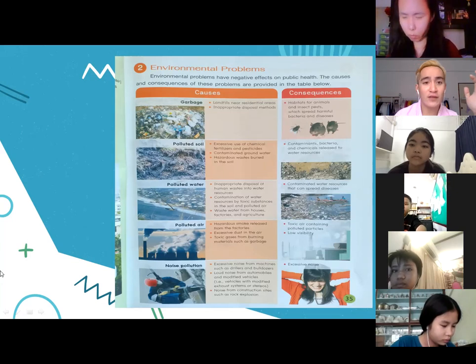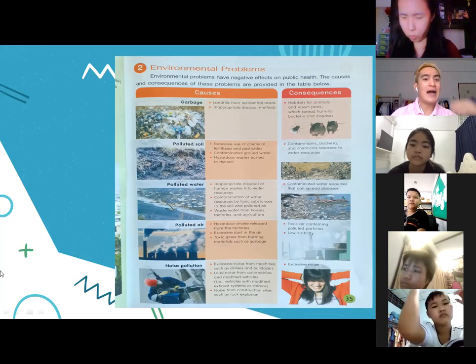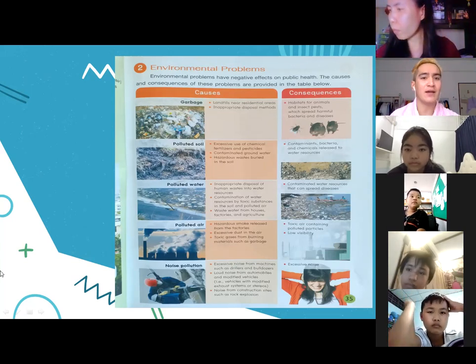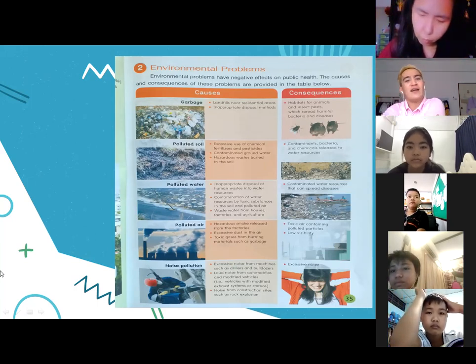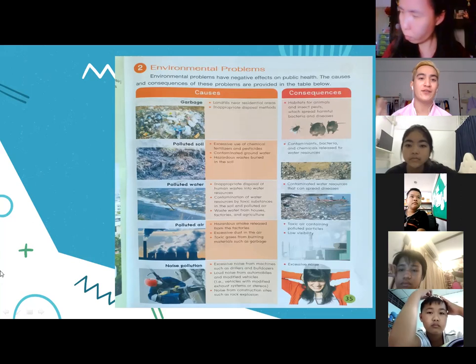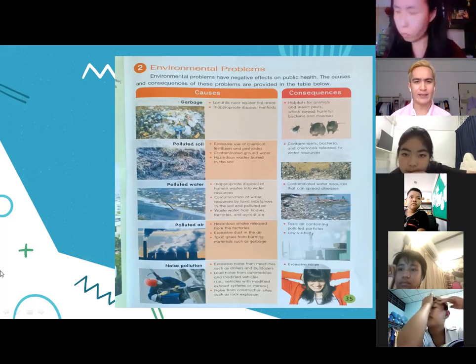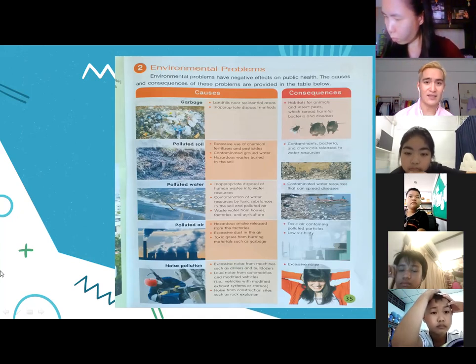The reason we have so much contamination nowadays is because of the factories that have been using chemicals and just throwing them in the oceans and nearby waters, because they don't have appropriate disposal methods. This is one of the reasons why we have contaminated water. Next we have hazardous waste buried in the soil.